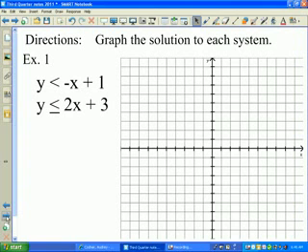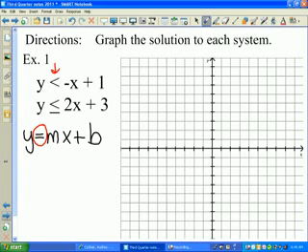First things first, when you look at your inequalities, you need to ask yourself, is it in slope-intercept form? To refresh your memory, slope-intercept form is y equals mx plus b. The only difference is that instead of an equal sign, you're going to have inequality symbols.